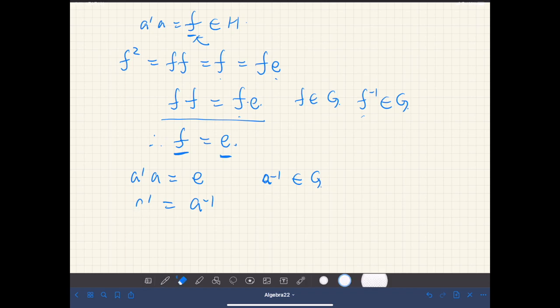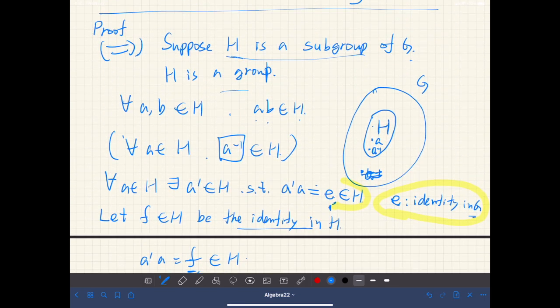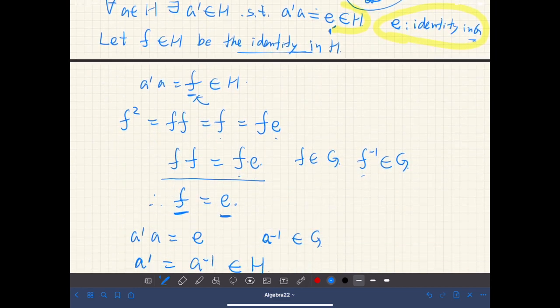Therefore, this A prime, the inverse element of A in H, is equal to A inverse as an element of G. Therefore, this A inverse is an element of H.